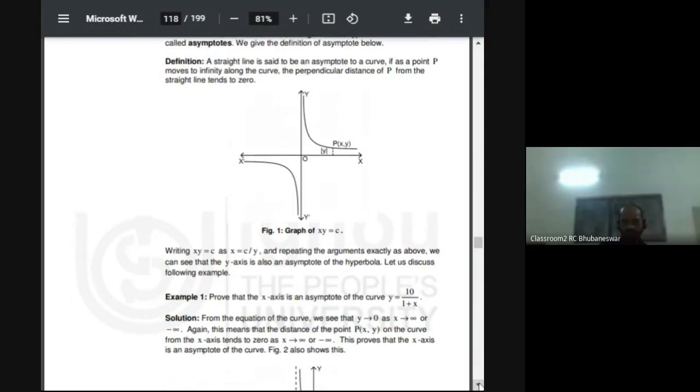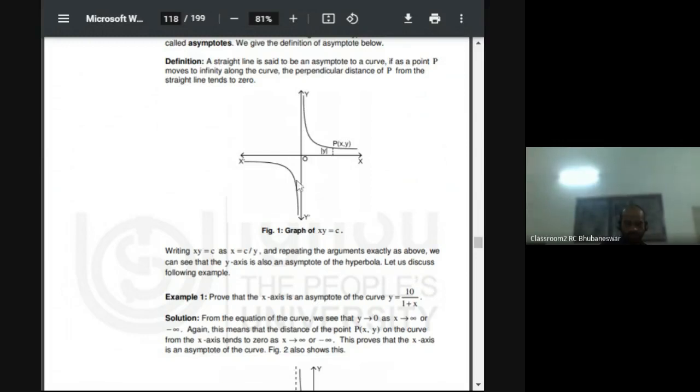So, in other words, we can also define it like this: an asymptote is a straight line that is tangent to the curve at infinity.